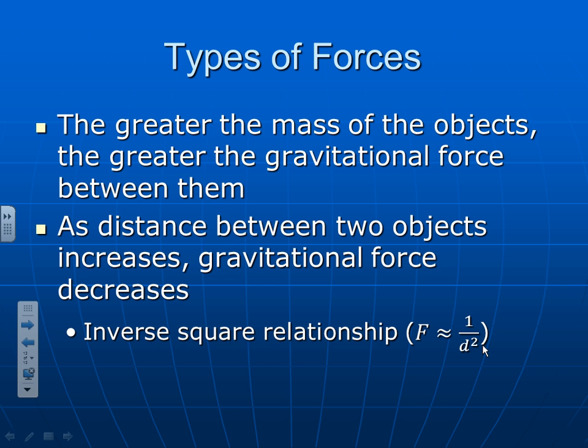It's what we call an inverse square relationship. So notice, you have F, and then a squiggly equals sign, because it's not exactly equal. There are some other factors that go into it, but it's related to it. It's F approximately equal to 1 over d squared, where d represents the distance.